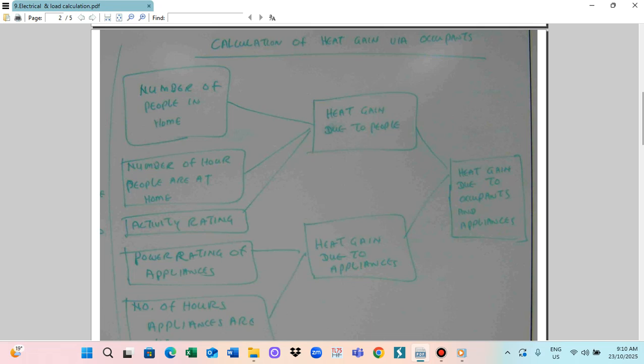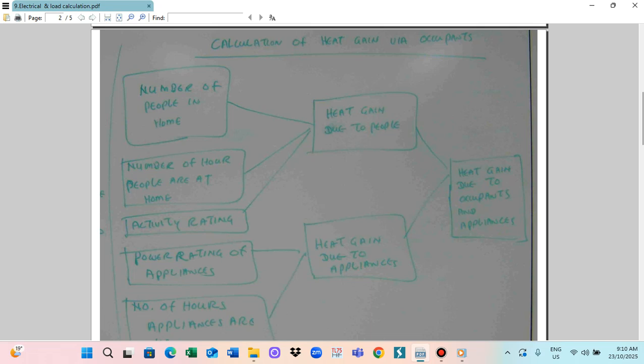Then we combine the heat gain due to the people and the heat gain due to the appliances, and the final result will be the heat gain due to occupants and appliances. So we calculate the heat gain this way.